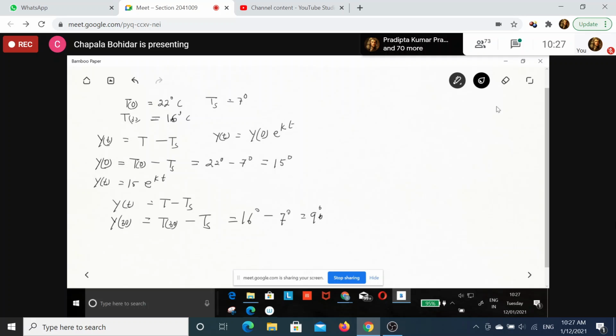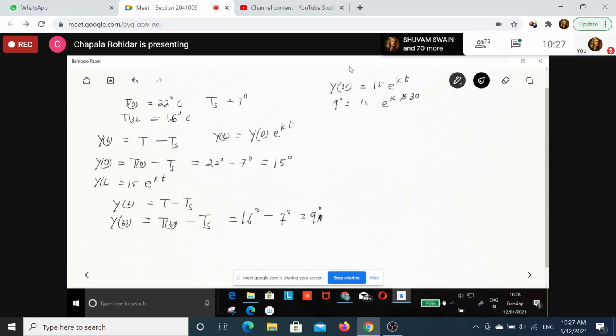Clear to all of you? So y of 30 is 9 degrees. Now y of 30 is equal to y0, which is 15, times e to the power kt, so 9 degrees is equal to 15 e to the power k times 30.